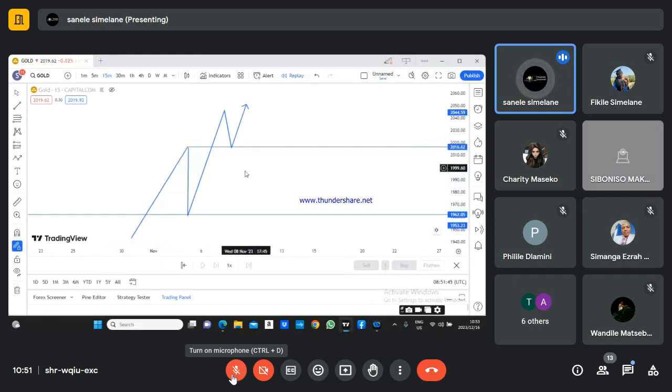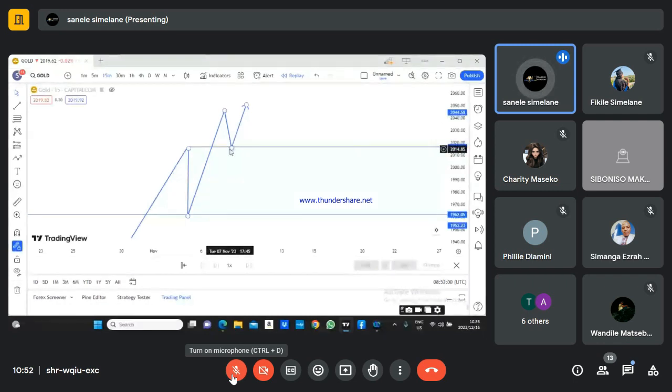So when you see patterns like this, you must know that the market is going down. The market is continuing. So when you see the market coming back and retest here, it's actually telling you that the market is going down.